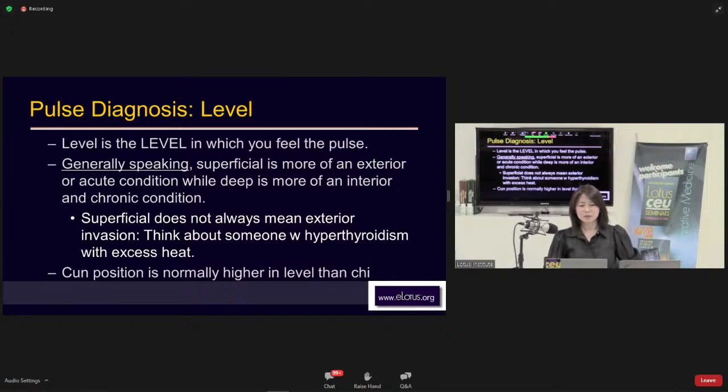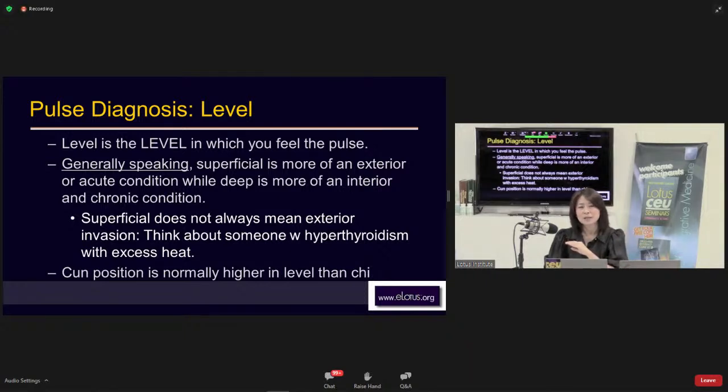Okay, level. Now, level is the level at which you feel the pulse. Generally speaking, superficial pulse is more of an exterior condition, and deep pulse is more of an interior or chronic condition. But superficial pulse does not always mean exterior invasion.